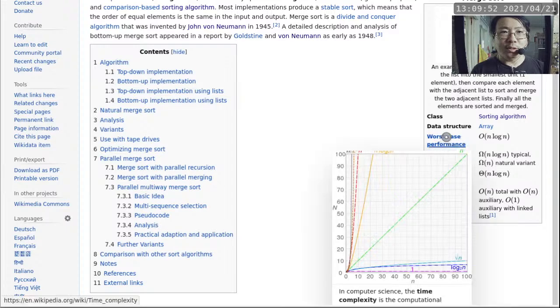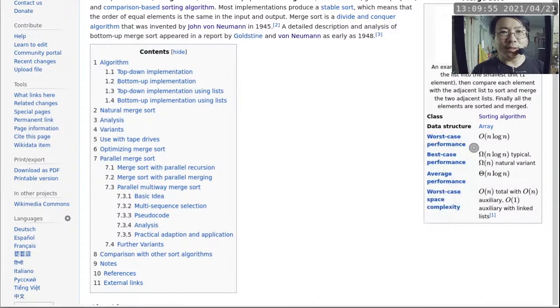In this case, if somebody is lazy and goes, yeah, I vaguely remember merge sort is better than bubble sort, I'm just going to say the worst case performance is big O of n squared. Technically, that person is not wrong, because big O of n squared is still a valid upper bound of the worst case performance of merge sort. It's just not a tight bound, but it's still an upper bound.